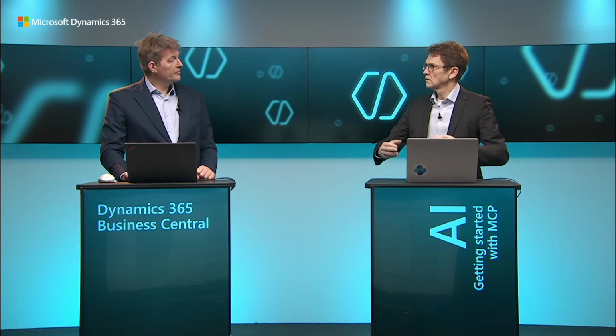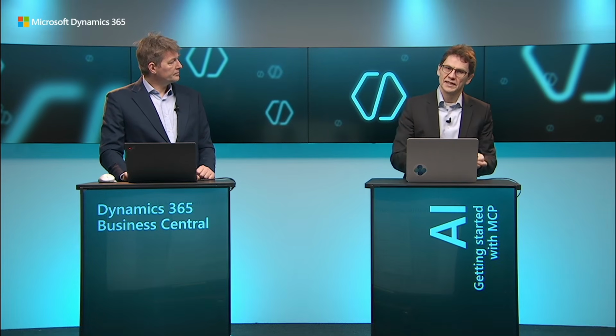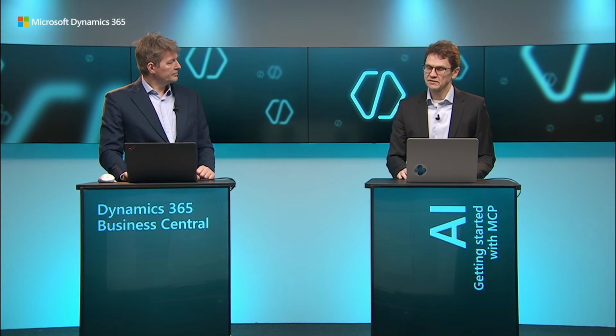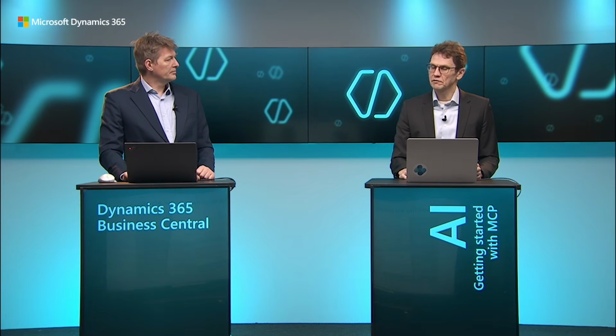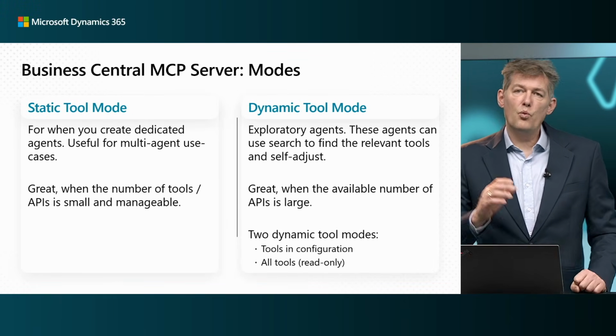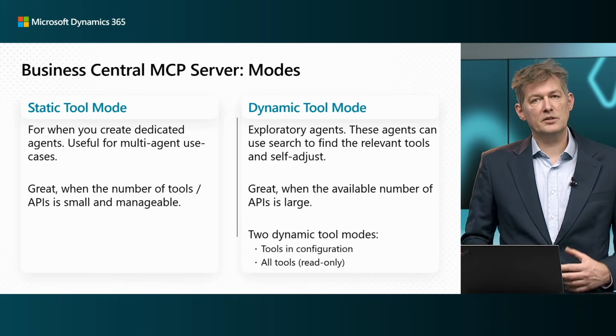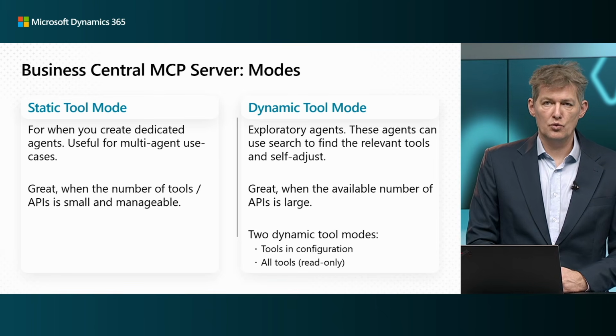And normally, as humans, we don't like long, detailed texts. Actually, the LLM doesn't mind that much, so you can be quite specific in your about text for your API pages. So when should you use which type of tool?